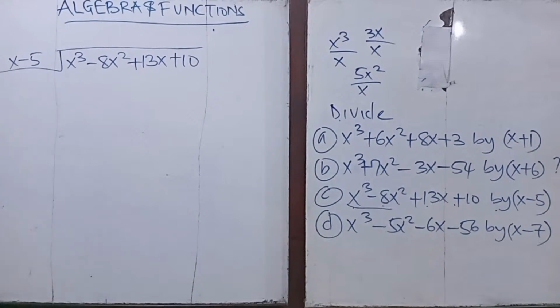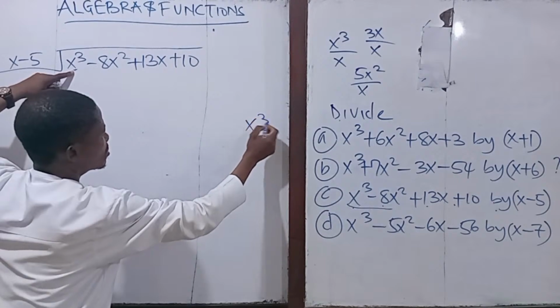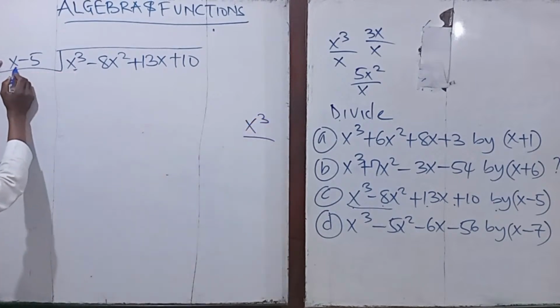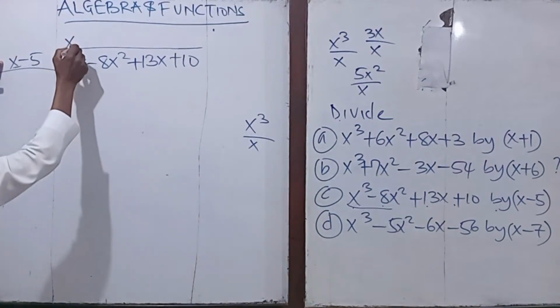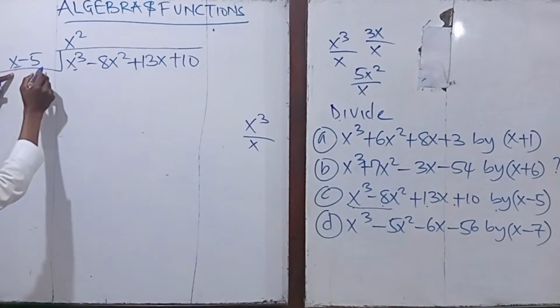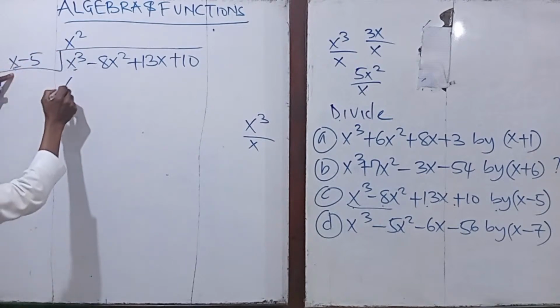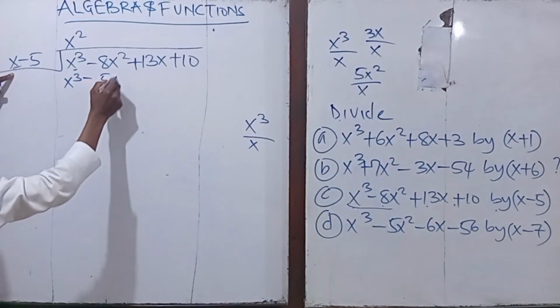You check the first item here, x cubed, and then you divide by the first one here. When you do that, you have x squared, and then you use that to multiply your x minus 5. X squared times x, that's the x cubed. X squared times minus 5, that's minus 5x squared.